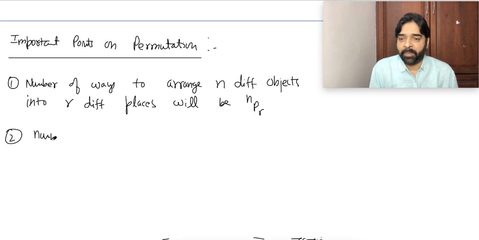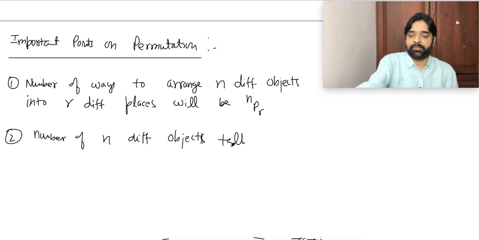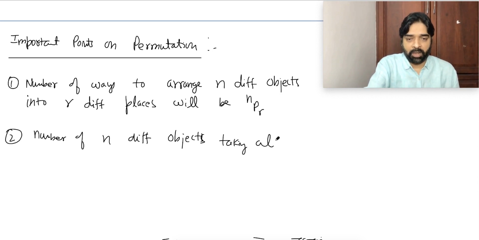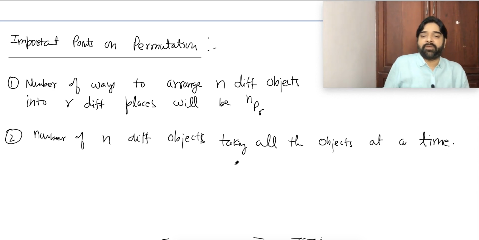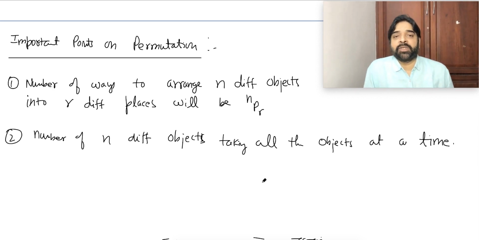Number of arrangements of n different objects taking all the objects at a time.